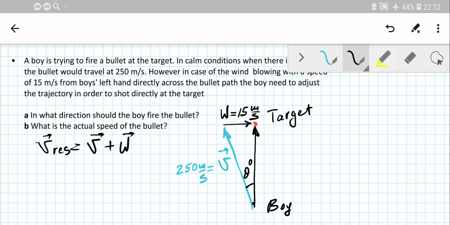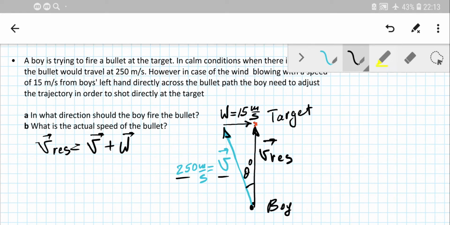We can define the direction using the ratio, but it is not clearly stated at which speed the bullet needs to get to the target. So if we set 250 as still the same gunshot power for the bullet, this vector is definitely going to be the resultant, and that's simply, as you can see here, the addition rule for vectors.